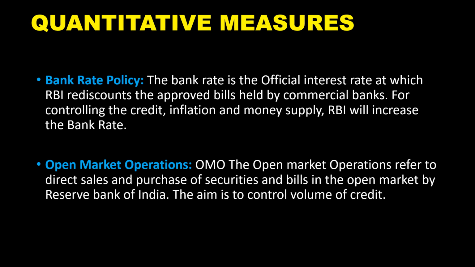See, very simple. Bank rate policy means it is an interest rate. Okay, interest paid by commercial banks to the RBI because they borrowed some money from the RBI. It is just like taking a loan from the RBI. For that loan, commercial banks pay interest. For that we call it bank rate. Actually, most people get confused between the bank rate and repo rate.